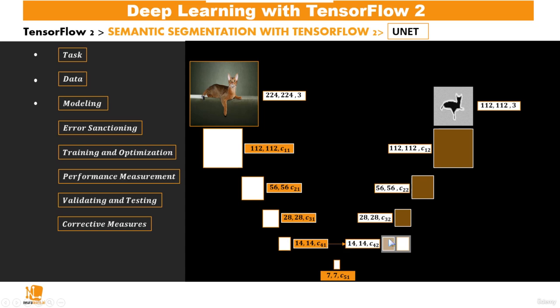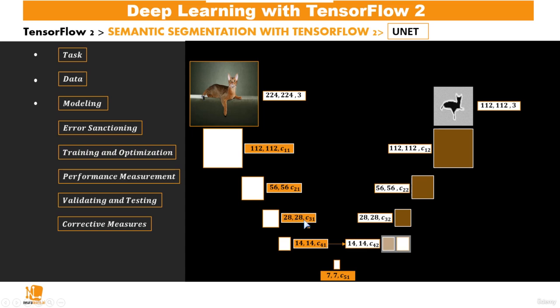So concatenating this one with this, since they have the same dimensions, that is the first 2 dimensions are the same, even though the last isn't the same, we shall just add them up. So we will have a concatenated output which is of dimension 14 by 14 by C41 plus C42. So this will become our new layer right here.